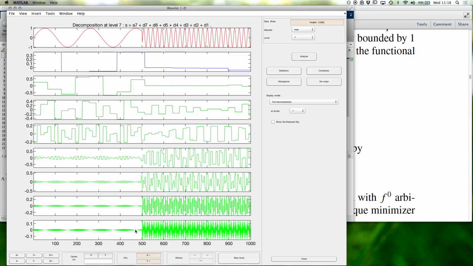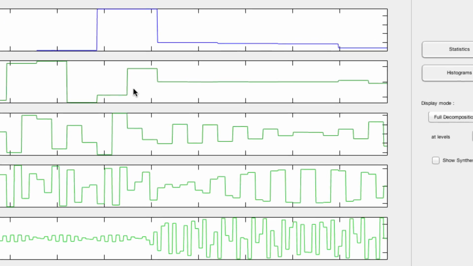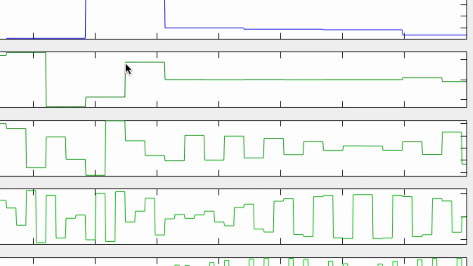And the bottom one here collects the smallest details. This one twice bigger, this one twice bigger, twice. So here you start already to see that in this level, the smallest detail has this size.